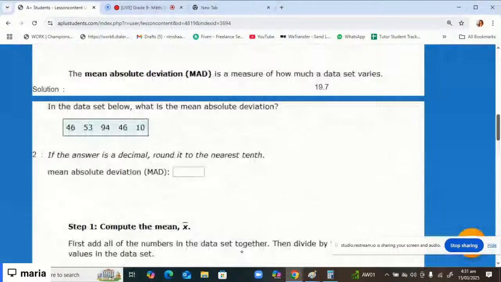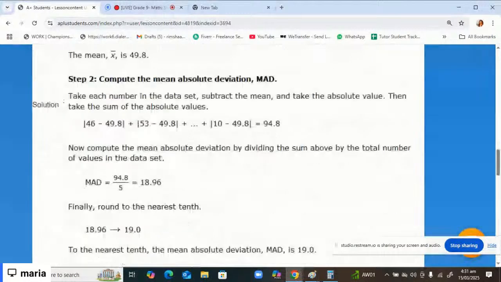What we do in it: first we find the mean, then compute the mean deviation. How to find the mean? Just add all the values and divide by how many total values there are. For computing the mean absolute deviation, we subtract the mean from each value, then take the absolute value, then take the sum of all the absolute values and divide this answer by the total number of values in the data.